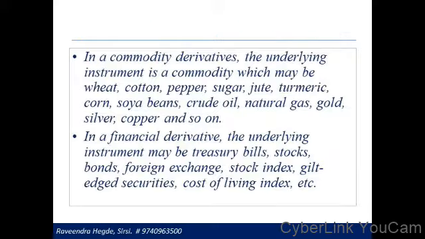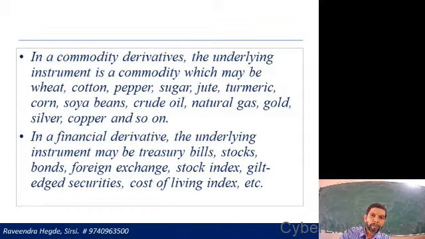So in a commodity derivative, the underlying instrument is a commodity which may be wheat, cotton, pepper, and so on. And in a financial derivative, the underlying instrument may be treasury bills, stocks, bonds, gilt edged securities, cost of living index, etc.